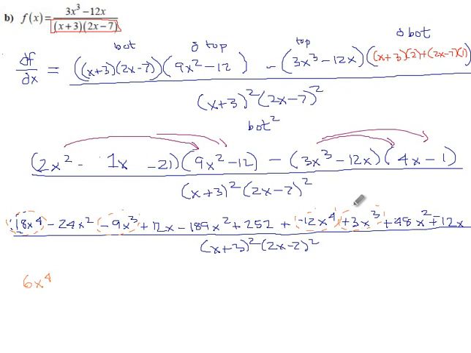Plus 3 takes us up to minus 6x cubed, and that's where it stops. For squares, we have minus 24x squared. Minus 189 takes us to minus 213x squared. Minus 213 plus 48 is minus 165.